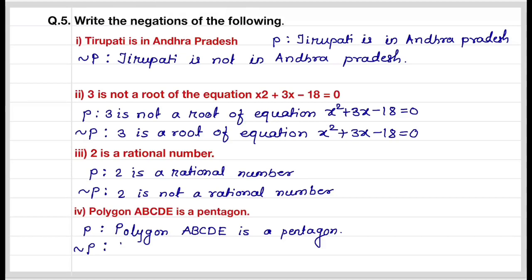Then its negation will be polygon ABCDE is not a pentagon.